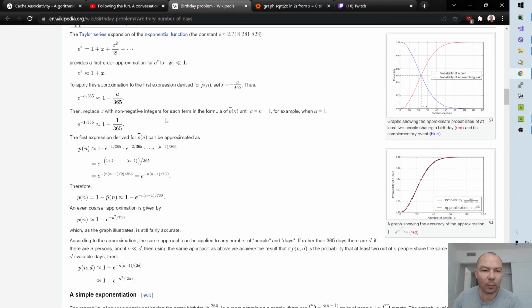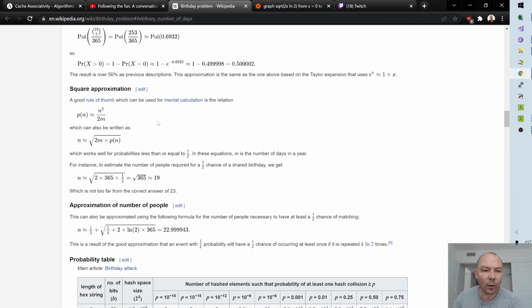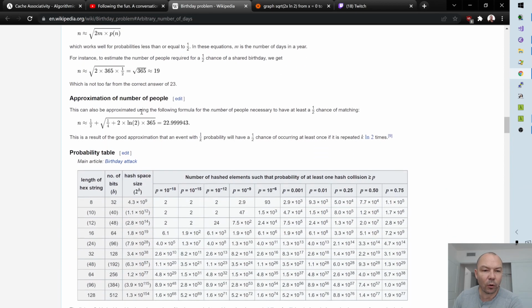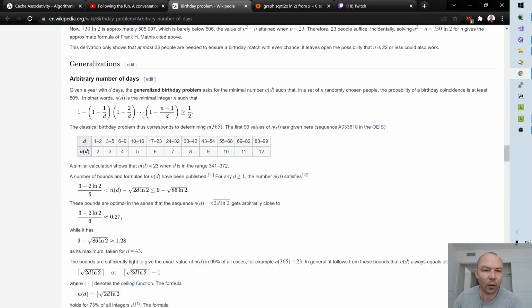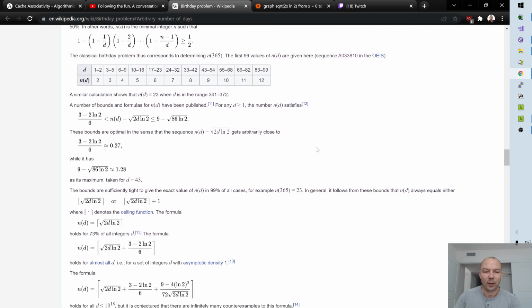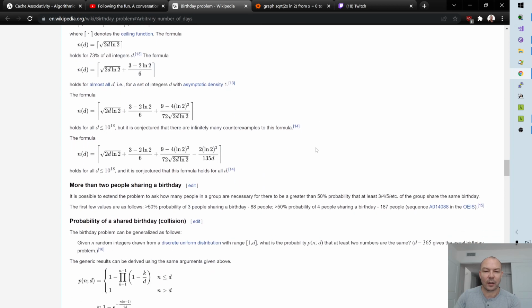There's a section here that says, okay, arbitrary number of days. If you're following along at home, you can go to Wikipedia, birthday problem, arbitrary number of days. And they derive an equation, and the equation is more complicated than you would think if you want to get it exactly right.